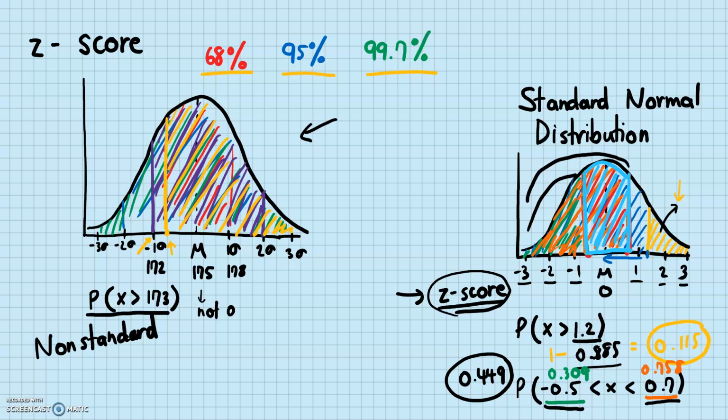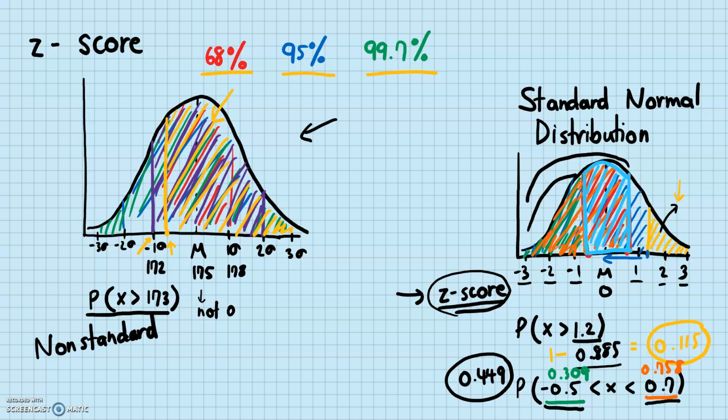So probability that x is greater than 173. So that's the yellow area we're trying to find, right? This area. And let's find the z-score for that. We can't do 173 on the table because the table is just for standard normal distribution.